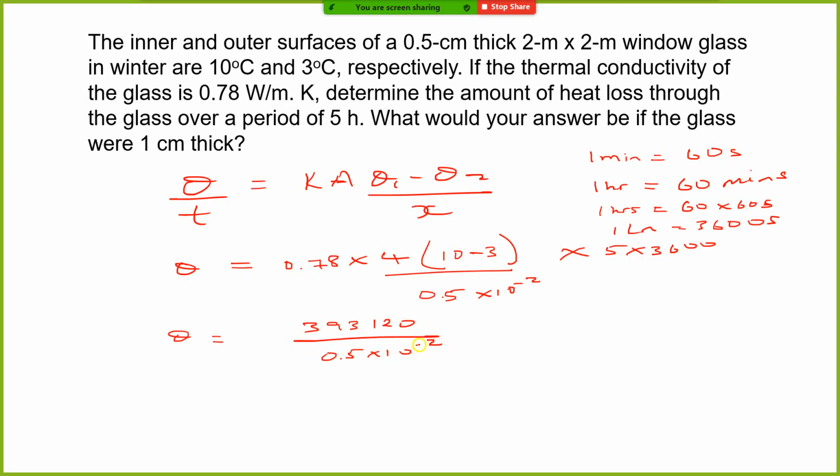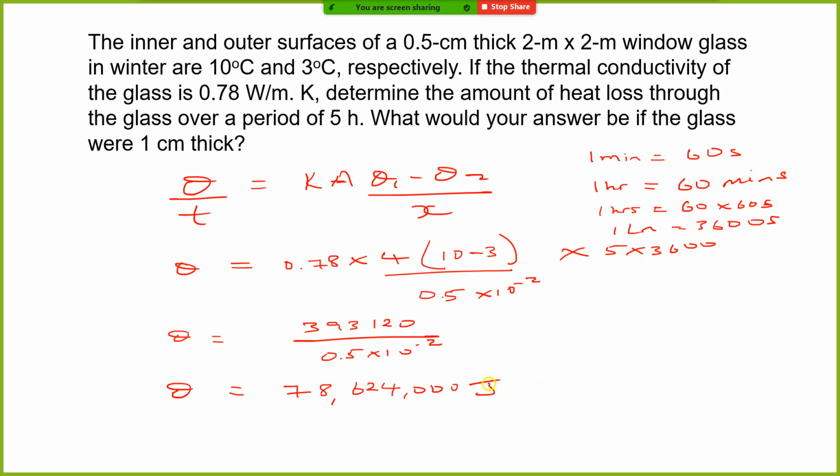Let me hope that I get the answer. 0.5 e to the minus 2. Yeah. So when I do that, I get my energy that is lost, 78,624,000 right here, and obviously it's in joules.